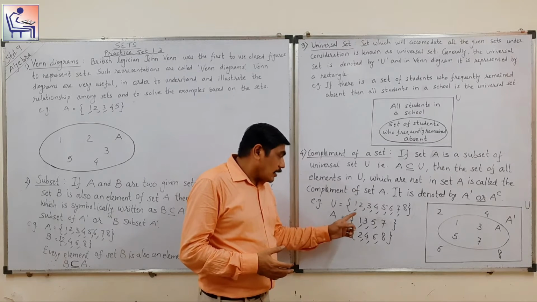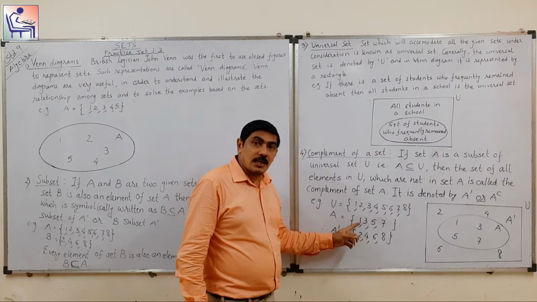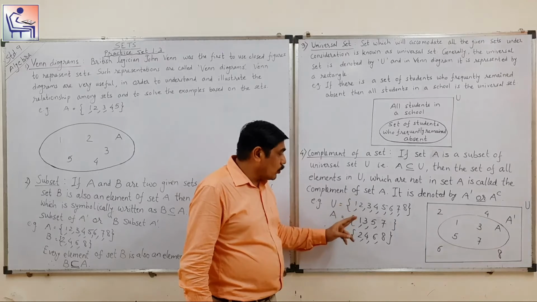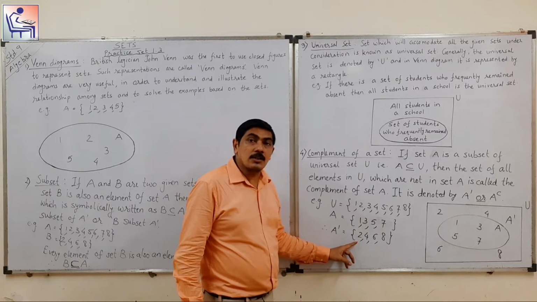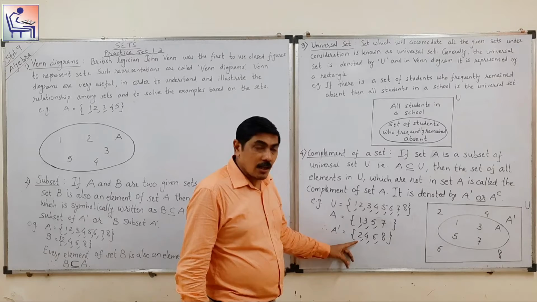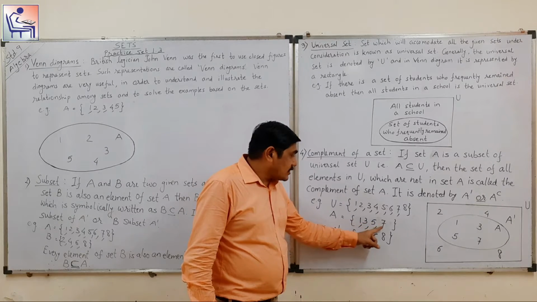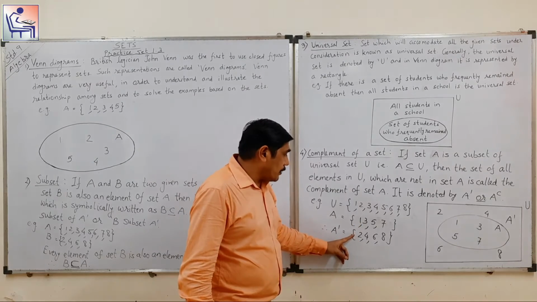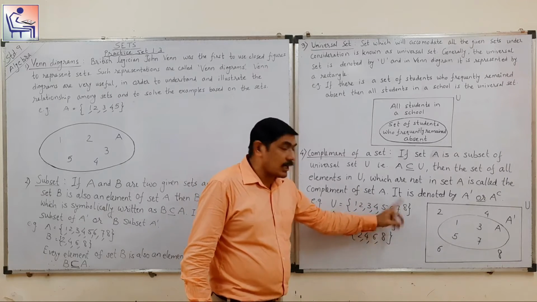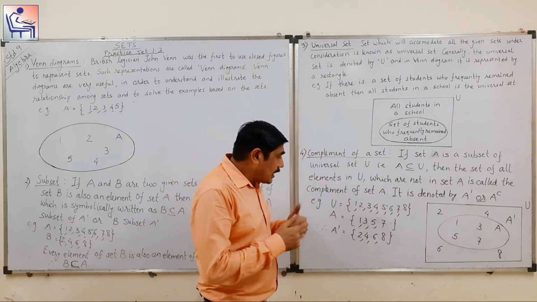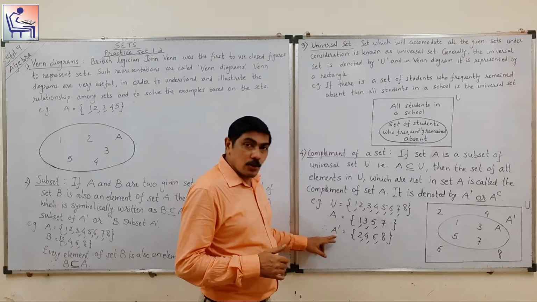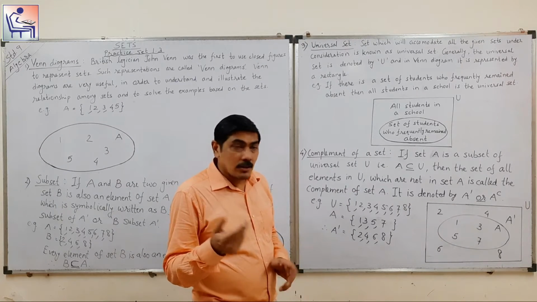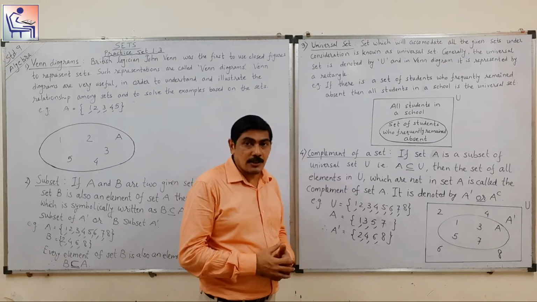Here the elements which are not there in set A, but the elements which are available in set U, we have to include in complement of set A. मतलब अगर 1 3 5 7 आ गए हैं set A में, तो complement of set A में आएंगे 2 4 6 8. So here the remaining elements from set A we include in complement of set A, but remaining elements from where? So it is from universal set.